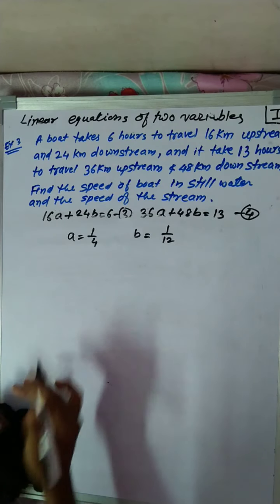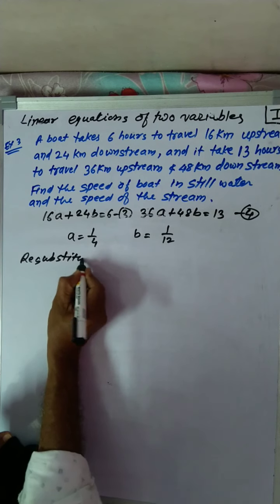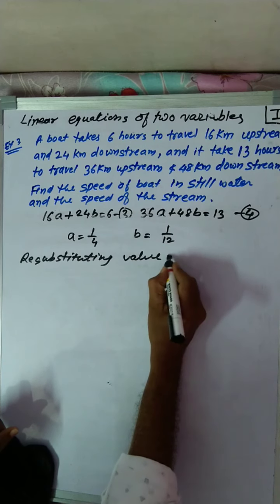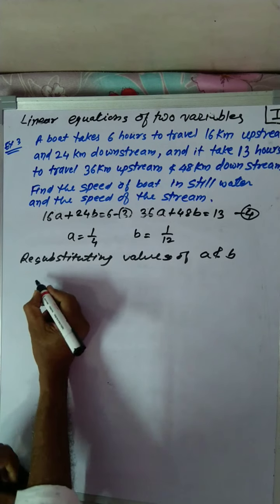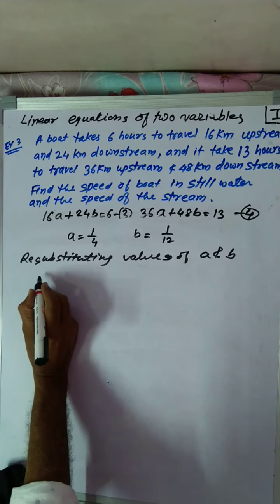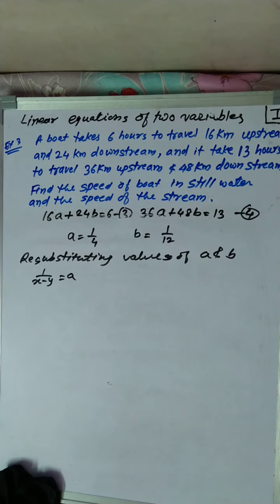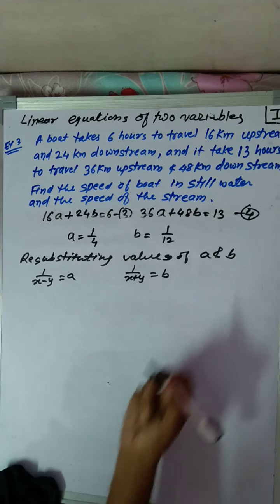Now resubstitute these values of a and b. 1 upon x minus y is equal to a and 1 upon x plus y is equal to b.